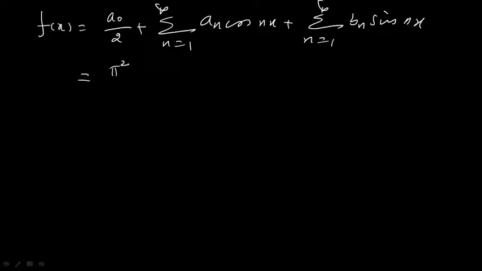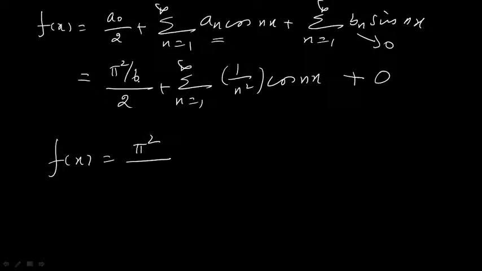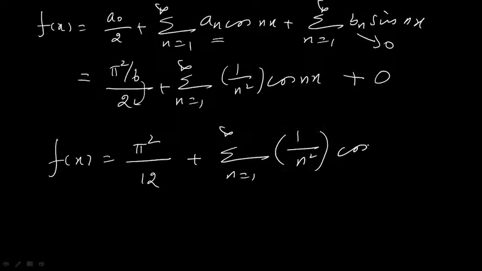We calculated the value of A0 as pi square divided by 6, divided by 2, plus sigma n varies from 1 to infinity, and we calculated the value of An as 1 divided by n square cos nx, and the value of Bn is 0, so this term becomes 0. So your f of x is equal to pi square divided by 12 plus sigma n varies from 1 to infinity 1 divided by n square cos nx.